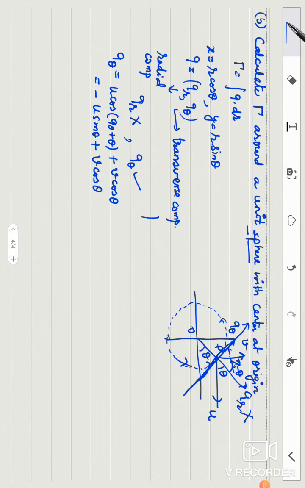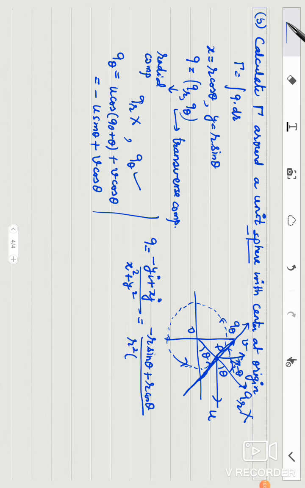It is given that q is equal to minus y i plus x j upon x square plus y square. So if I put the values of x and y, I'll get minus r sin theta i plus r cos theta j upon r square into sin square theta plus cos square theta.